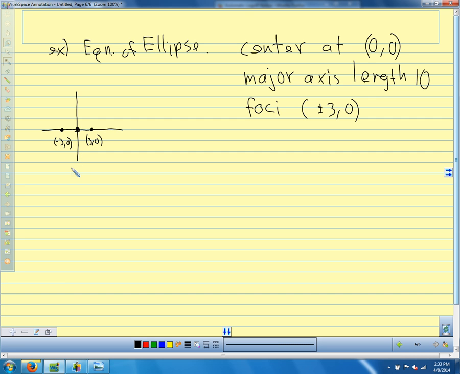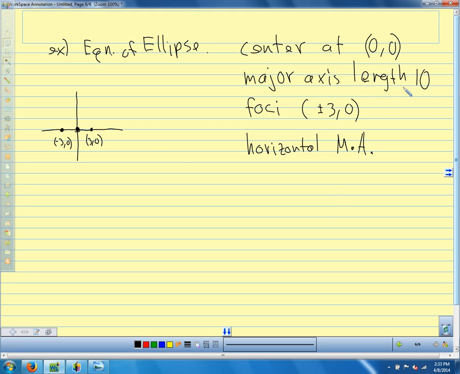All right, so we have almost all the information we need now. From our sketch, is our major axis vertical or horizontal? We have a horizontal major axis. We have all the information that we need to find all of our numbers.